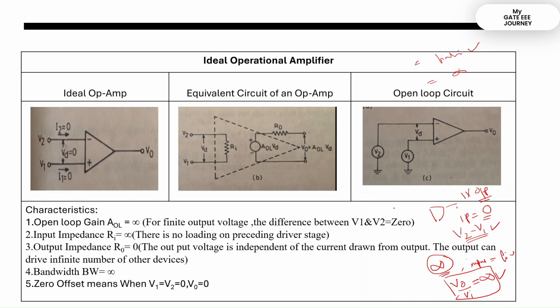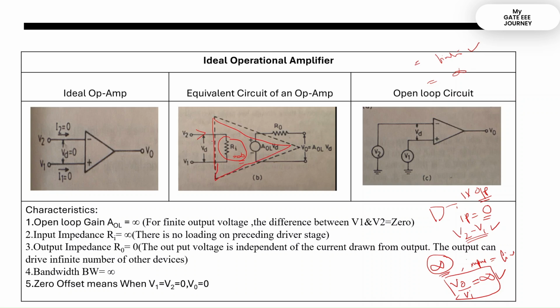This is one thing. The second thing is input impedance Ri is equal to infinite, which means this value is infinite for an ideal op amp. What happens if it is infinite? It won't draw any current from the source. Our operational amplifier will not draw any current from the source.